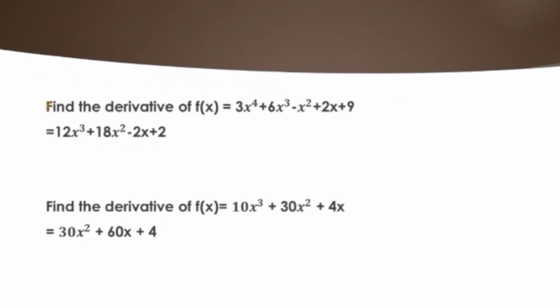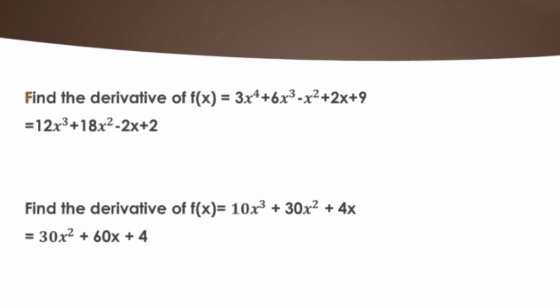So again, in this equation, find the derivative of f of x equals 3x to the 4th power plus 6x cubed minus x squared plus 2x plus 9. So we have 4 times 3, so we have 12. 4 minus 1, so we have 3. So 12x cubed. The next term, 6 times 3, so we have 18. 3 minus 1, so 2, so 18x squared.